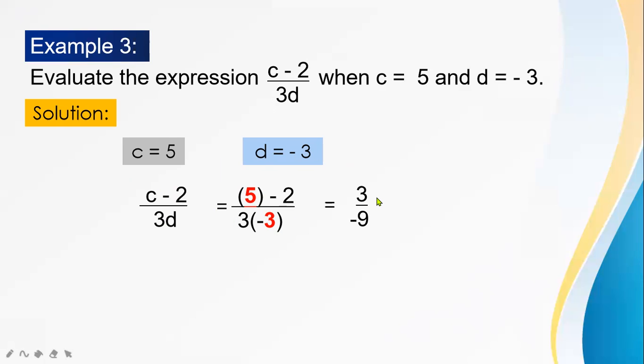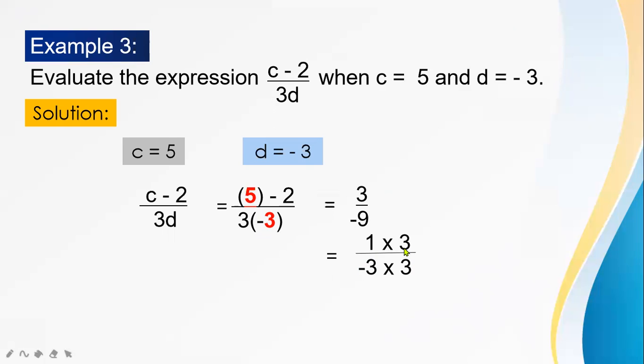And therefore, we have 3 over negative 9, because 5 minus 2 is 3. 3 times 3 is negative 9 because this one is negative, unlike sign. Then after that, you simplify, get the factor of the numerator, then get the factor of the denominator.